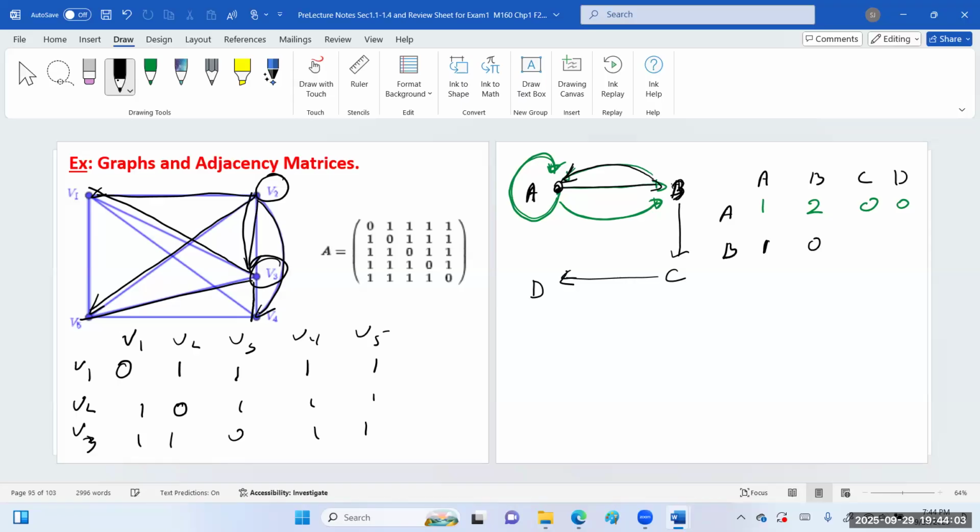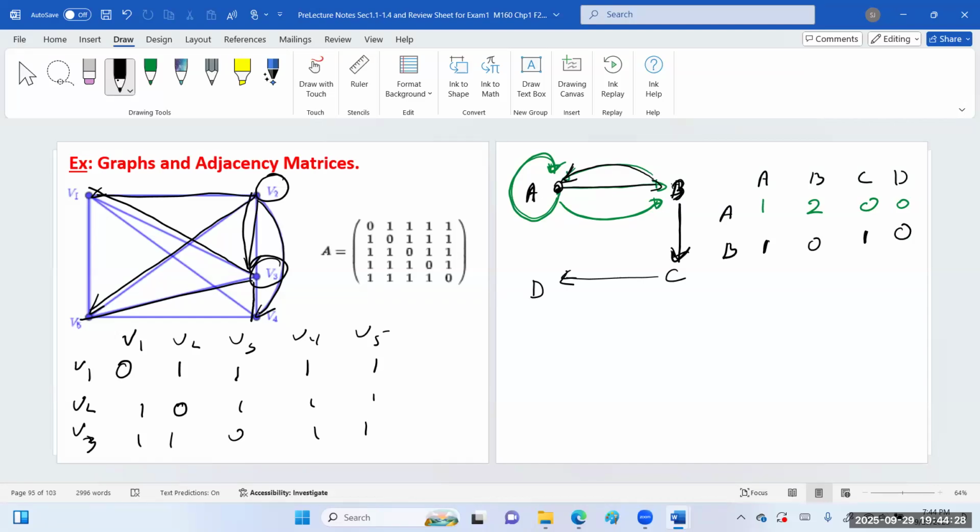It's just B. You cannot start your journey and come back at B like A. It's not possible. So B to B, there is no path. How about B to C? How many paths? 1. There's one direction, so it's 1. And how about B to D? No, you cannot, because there is no connection from B to D.